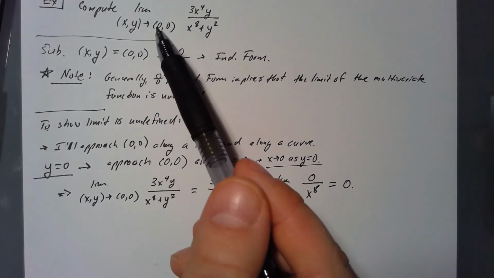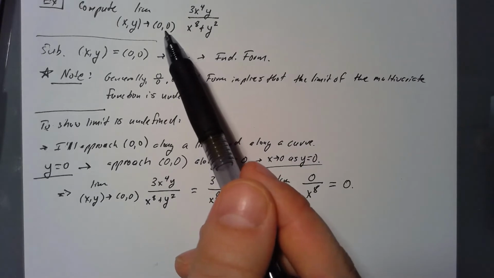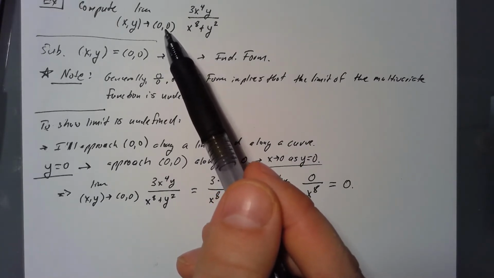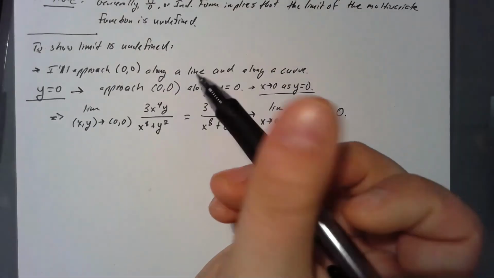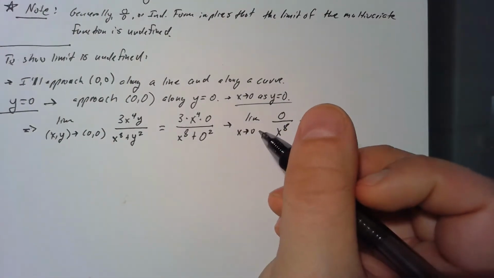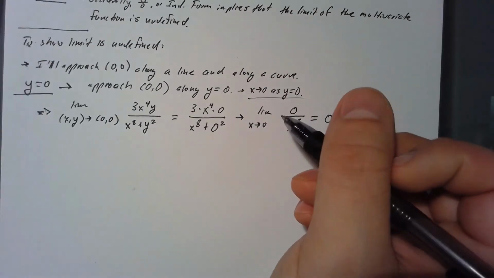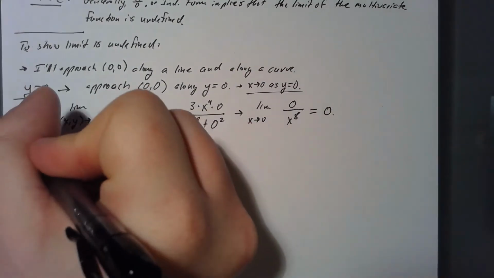Well, you don't want to think about all of them, but you want to think of a few different ways you could approach 0, 0.